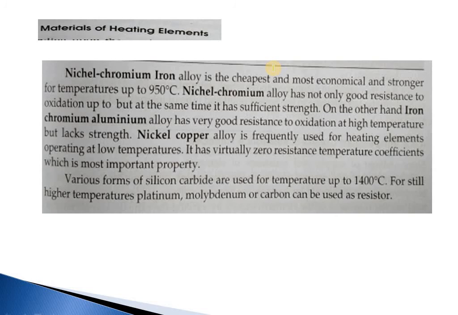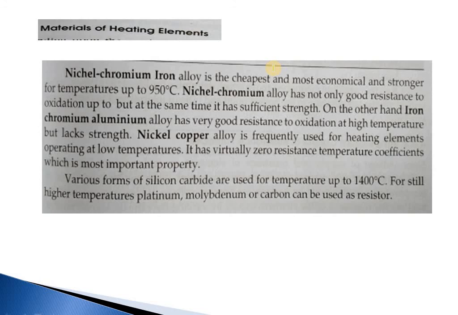Nickel chromium alloy has not only good resistance to oxidation, but at the same time it has sufficient strength. On the other hand, iron chromium aluminum alloy has very good resistance to oxidation at high temperature but lacks strength.